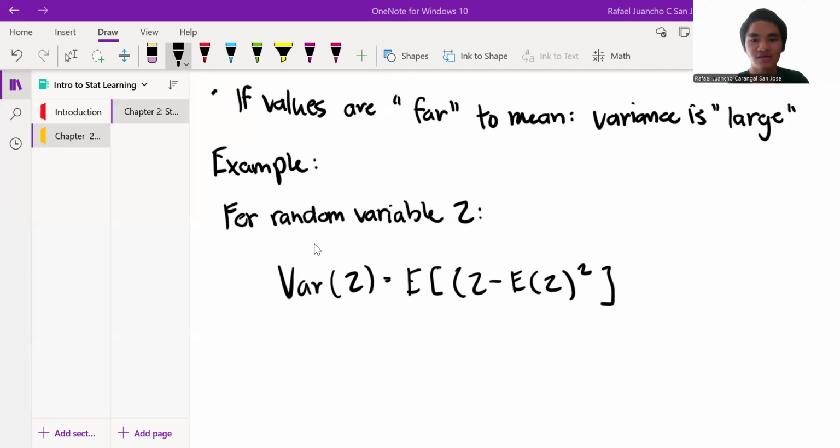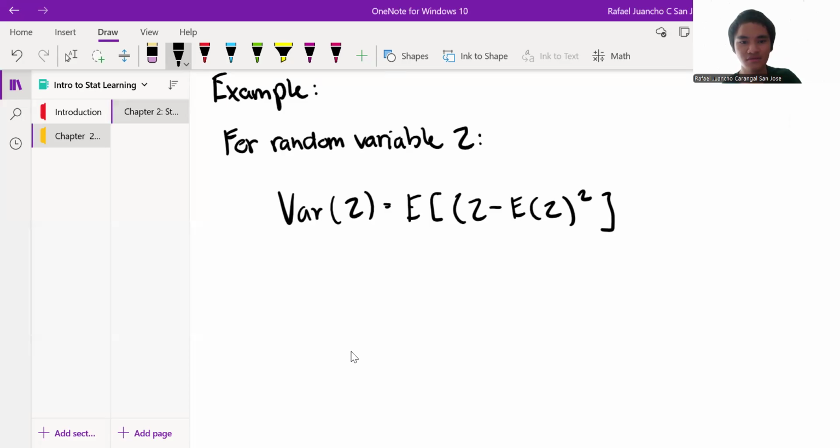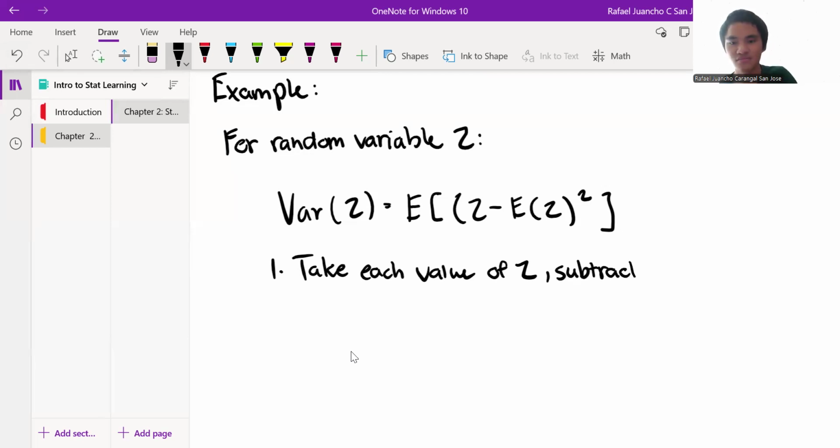Okay, now connecting it to standard deviation. Let me just put the steps here. We take each value of z, subtract the mean, so we see how far it is from the average.